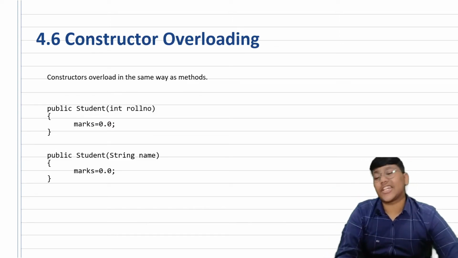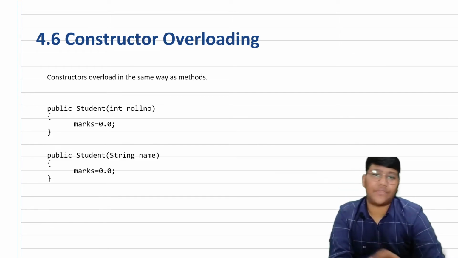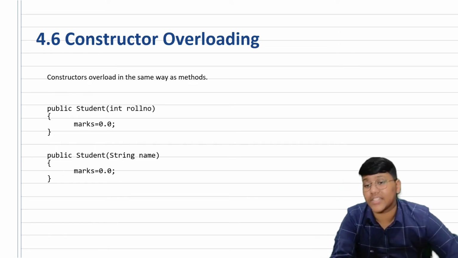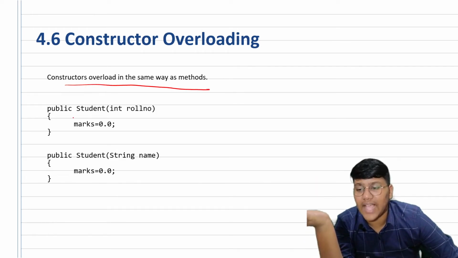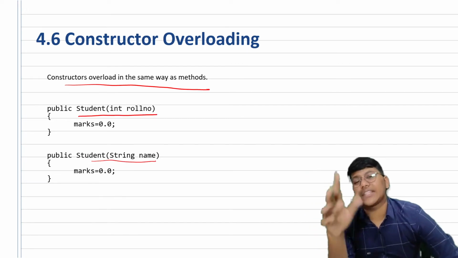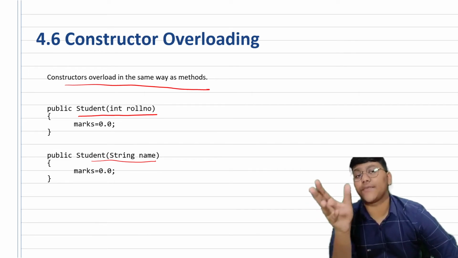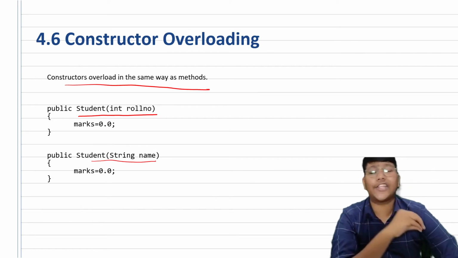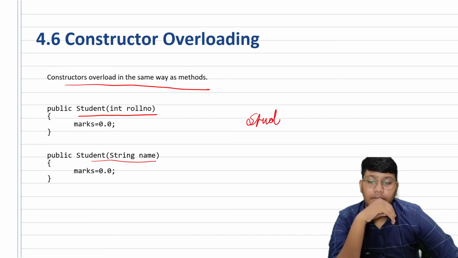Now comes constructor overloading. As we discussed method overloading, this is the same. Constructor overloading works in the same way as method overloading. Public student int rollNumber, public student String name. For example, if you are writing code where you are giving marks for each student, and you give two options: either you put a roll number, or you put a name.